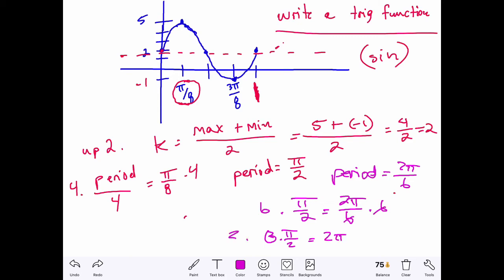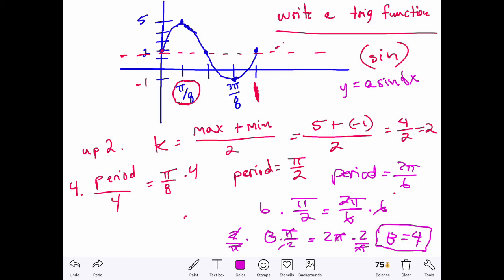We'll invert and multiply, right? It's reciprocal on both sides, 2 over pi. The pi's cancel, and b equals 2 times 2, so b equals 4. Okay, so we're gathering up information so that when we write y equals a sine b of x, we can fill in these values. Okay, so we've got b.